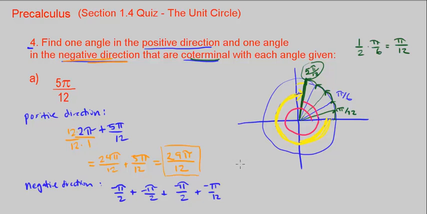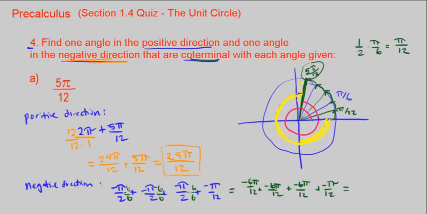Remember, they're negative because we're going in the clockwise direction around the circle. The common denominator is 12. If we multiply each of the pi over 2 terms by 6 over 6, we get negative 6 pi over 12 plus negative 6 pi over 12 plus negative 6 pi over 12 plus negative pi over 12.